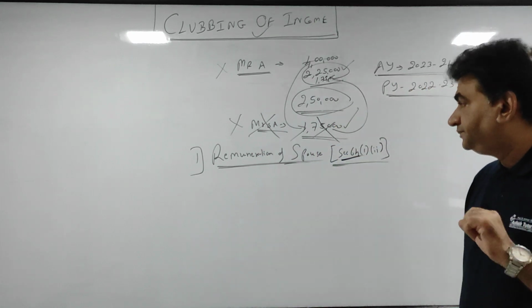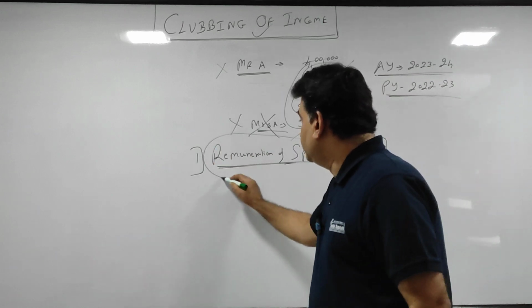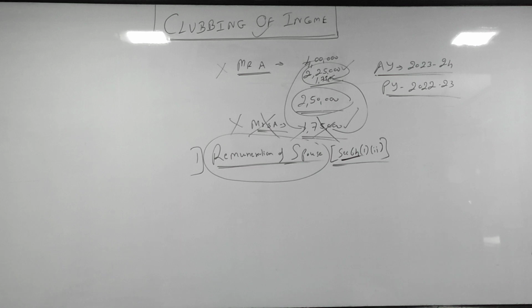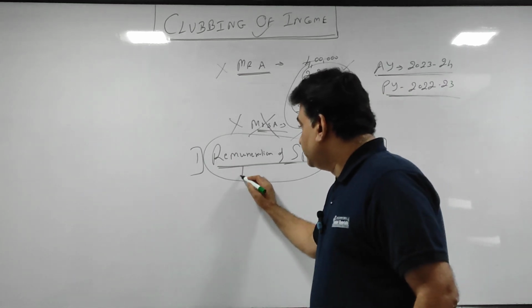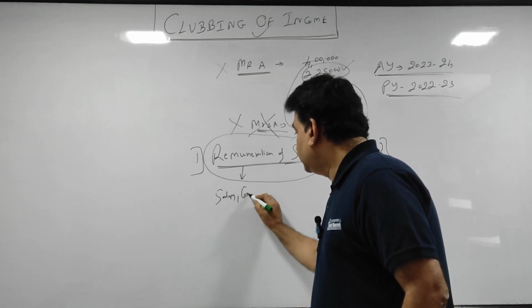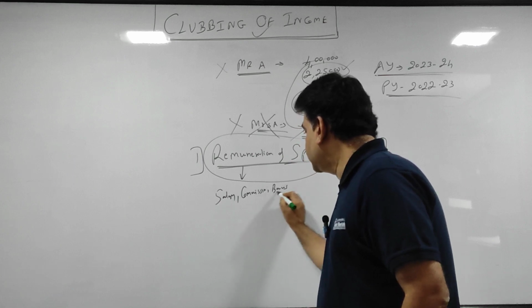Okay guys, sure. Let's start first. Remuneration to spouse. Now see, when I say remuneration, what does it mean? It is nothing but an alternate word for salary or commission or bonus.